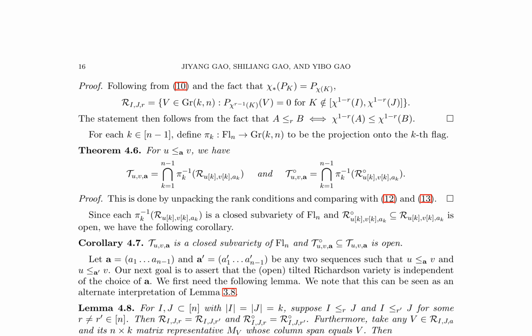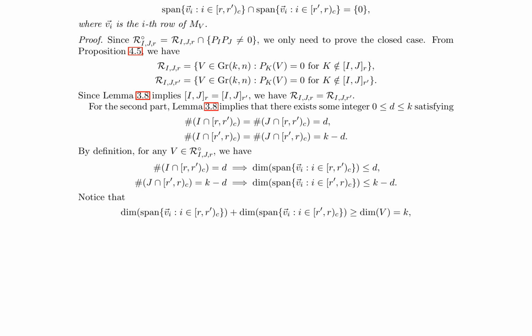The paper also explores the intersection of these varieties with flag varieties, leading to the conclusion that the tilted Richardson variety is independent of the choice of a sequence. The authors utilize various lemmas and propositions to establish these results, demonstrating a deep understanding of the underlying mathematical structures. The paper's technical depth and precision make it a valuable contribution to the field of algebraic geometry and its applications.